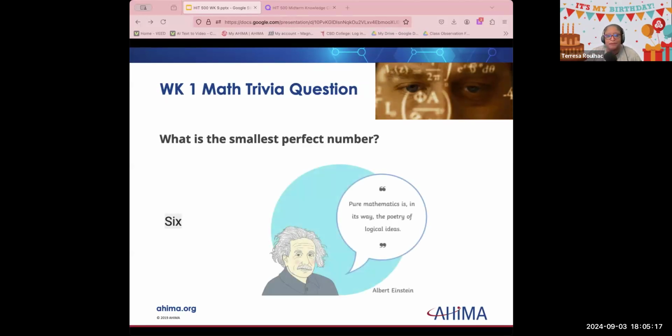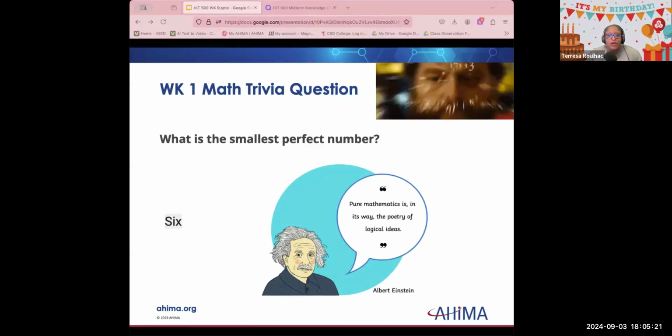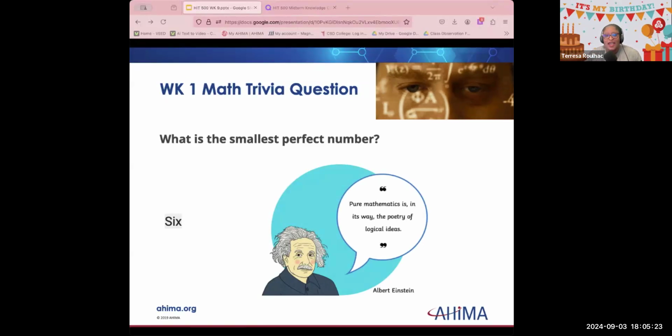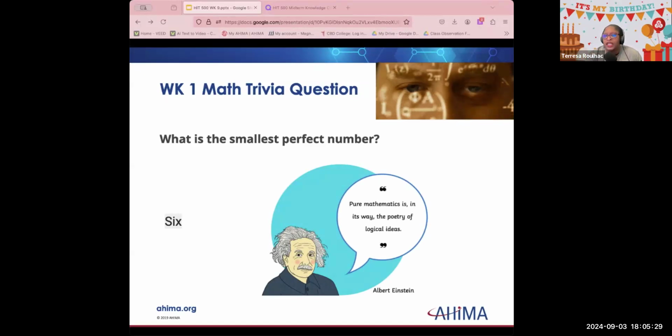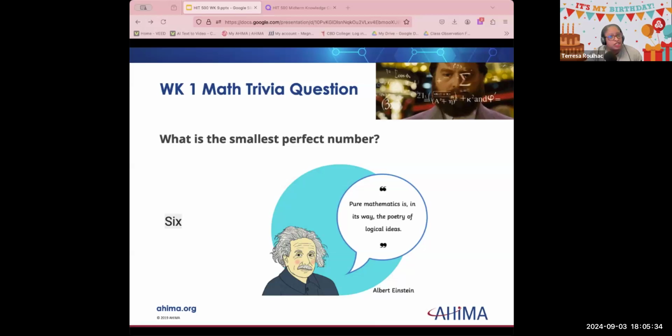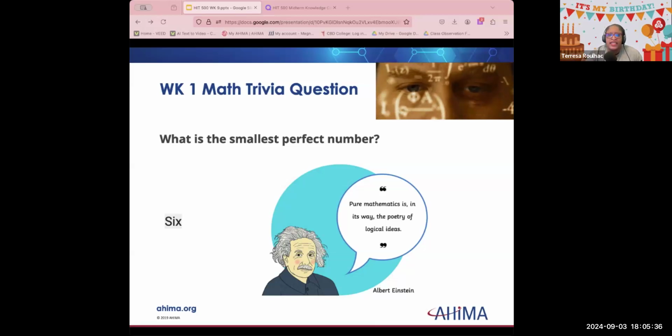And pure mathematics, in its way, is the poetry of logical ideas, by Albert Einstein. It's all about finding beauty and creativity in abstract concepts, just like poets find in language and imagery, right?